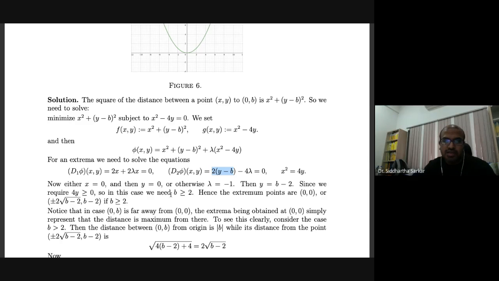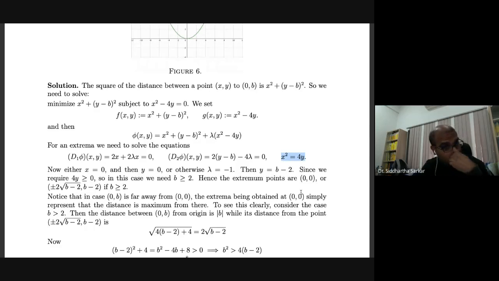So in this case, we are going to need that b is greater than or equal to 2. Why is 4y greater than or equal to 0? Because the points are coming from the parabola. So the extreme points are presumably these 3 choices: (0, 0) or plus or minus 2 times square root of b minus 2, and b minus 2.